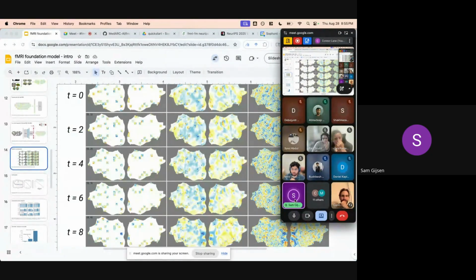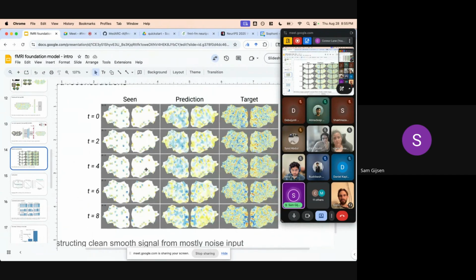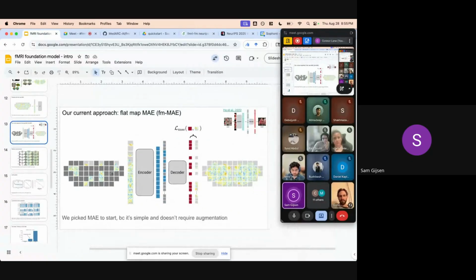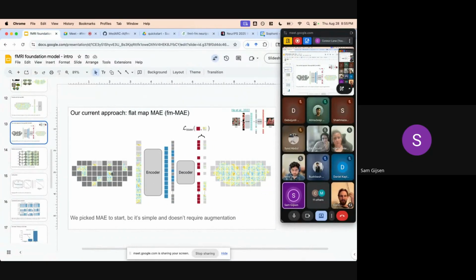I was curious about, because you were mainly talking about the spatial dimension initially when it comes to your choices for the approach, and I was curious about this temporal aspect. So you included some comparison between different patch sizes, and as you know, I was looking at Brain-JEPA the last few days, and they, for example, have these really long patches.